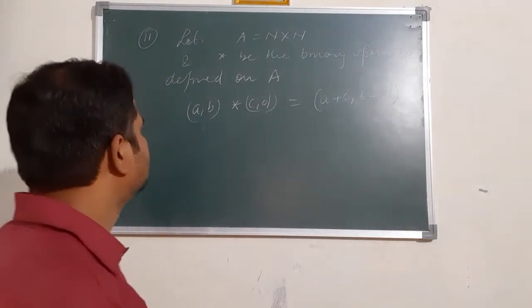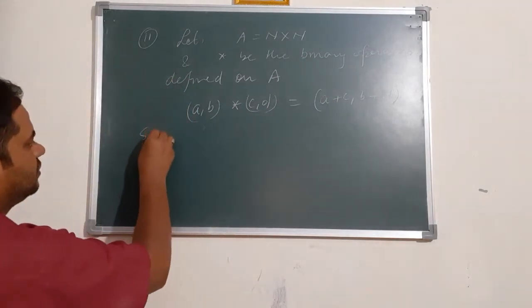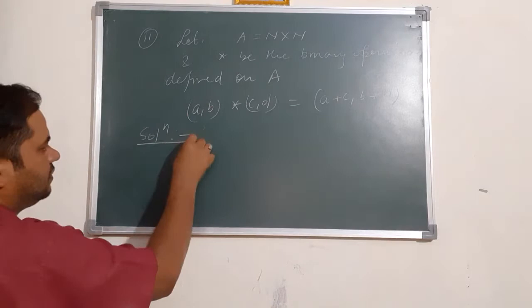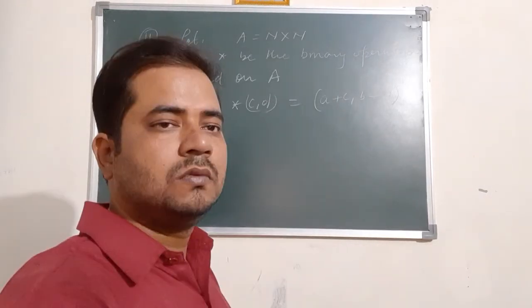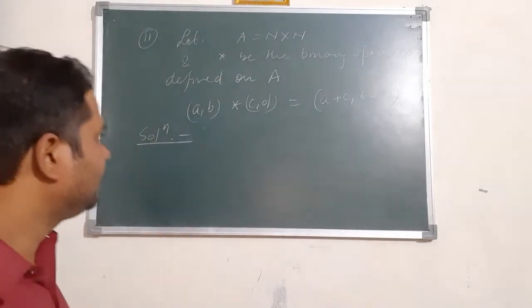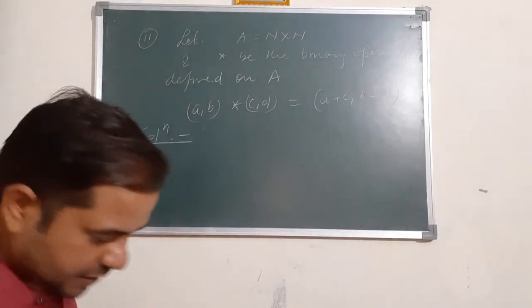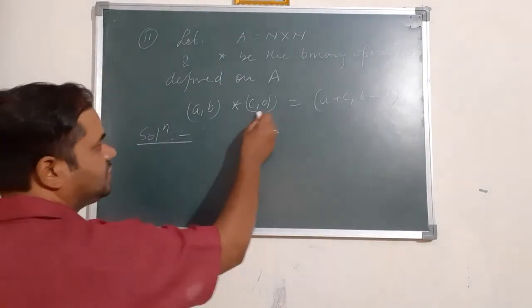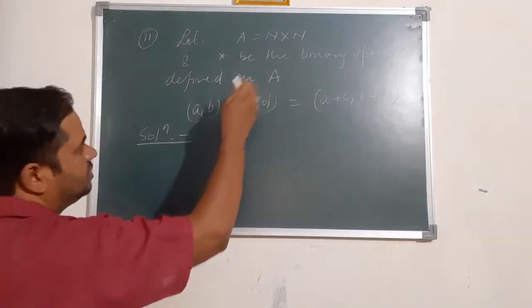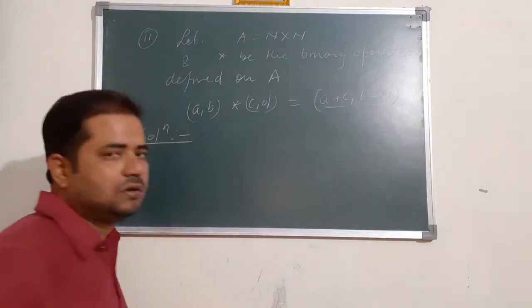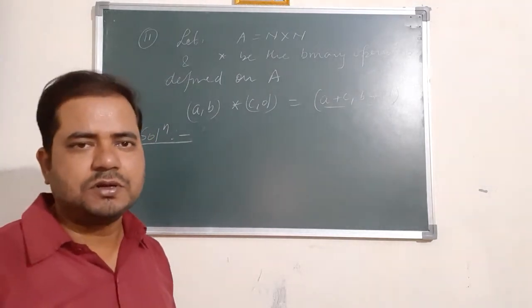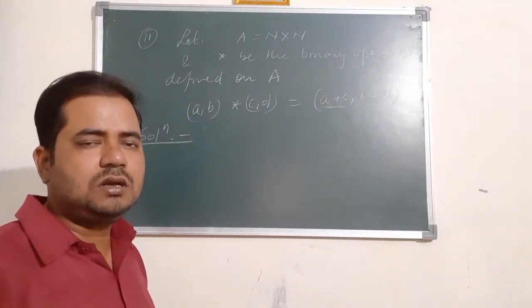So what is the solution? See, (a, b) star (c, d), obviously on N cross N, so this is again a natural number, so this is a binary operation because it holds the closure law.